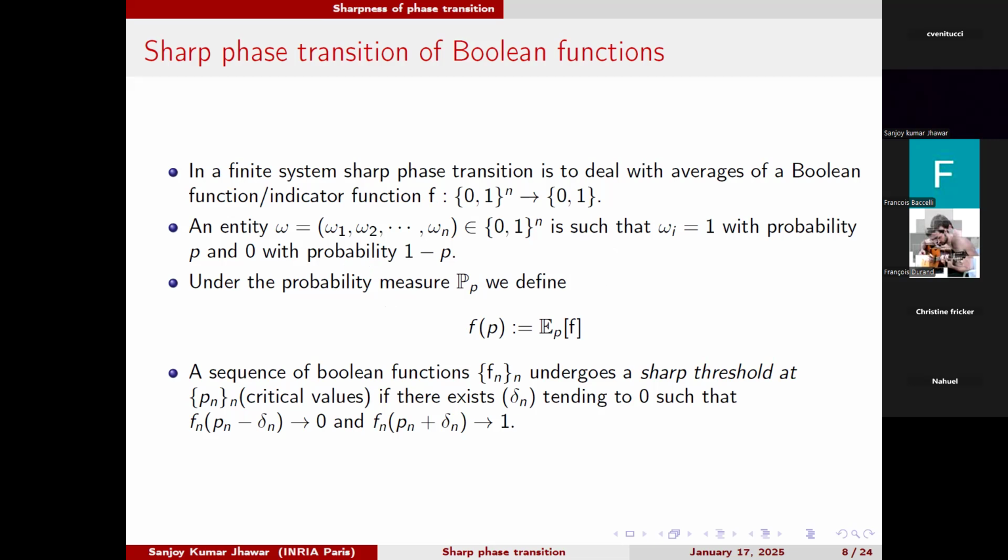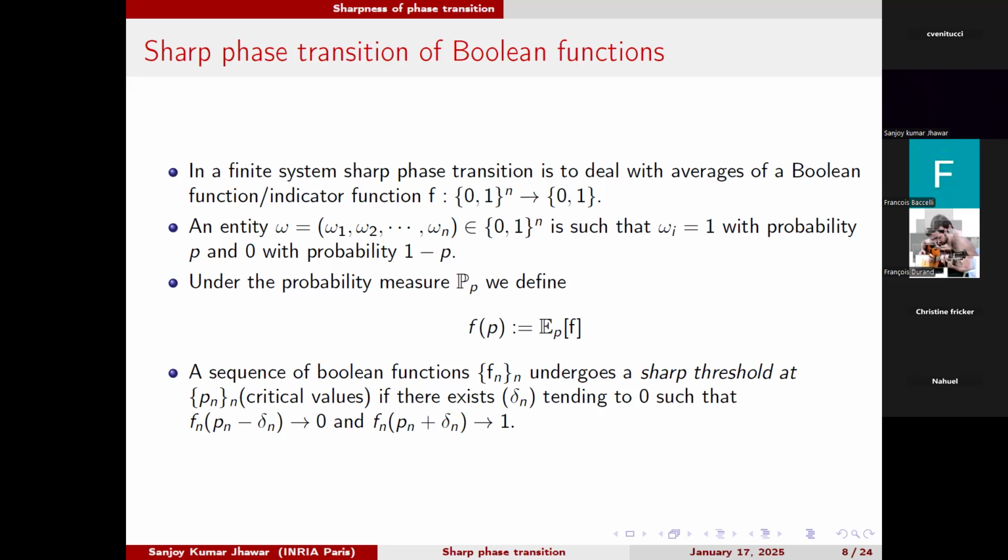You can define a sequence of functions like that, and then say that this sequence of functions undergoes a sharp phase transition if there exists a critical value p_n for each Boolean function f_n, such that just below the critical value, this sequence of functions converges to 0, and just above the critical value, the sequence converges to 1.